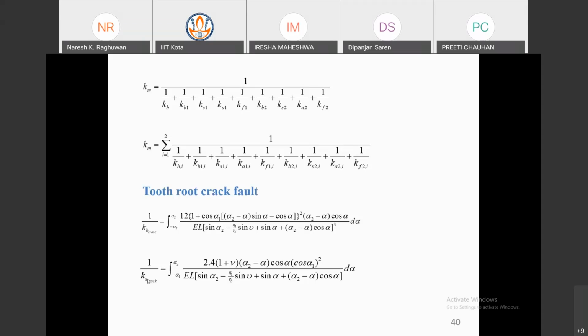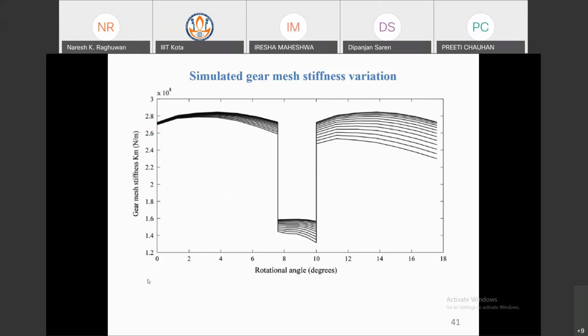Because you are simulating signals, you put some 0.1 mm, 1 mm, or 2 mm crack length and calculate the bending stiffness, and the shear stiffness will change. So you put this faulty gear in the model and get the vibration signal for the faulty gear. This is the whole picture.